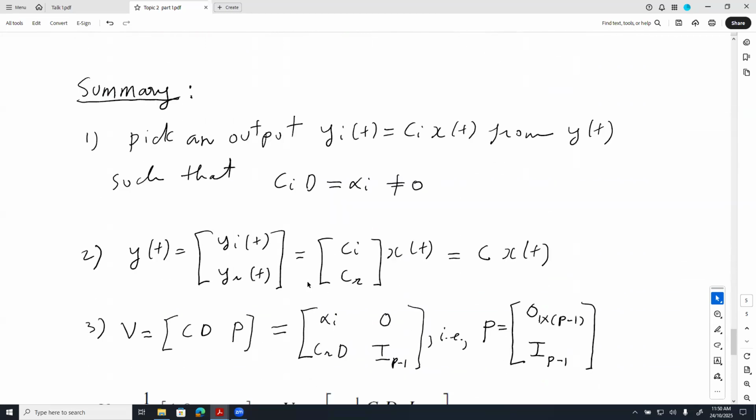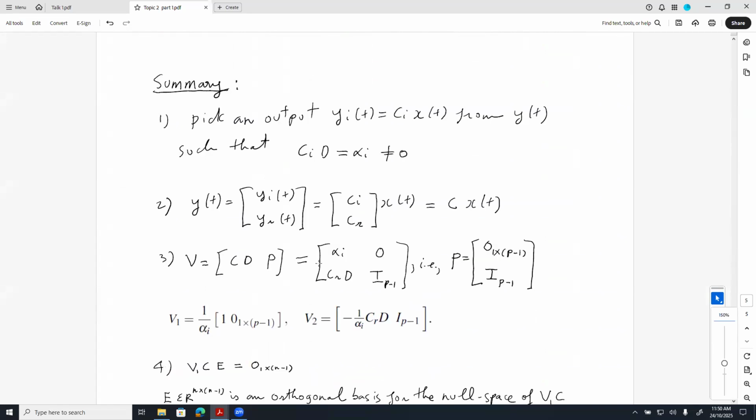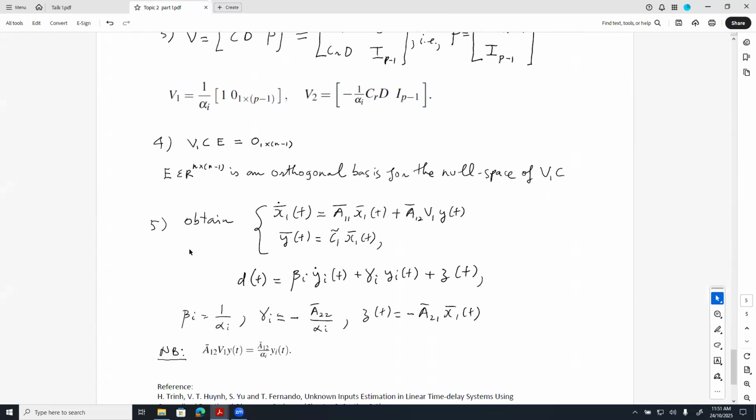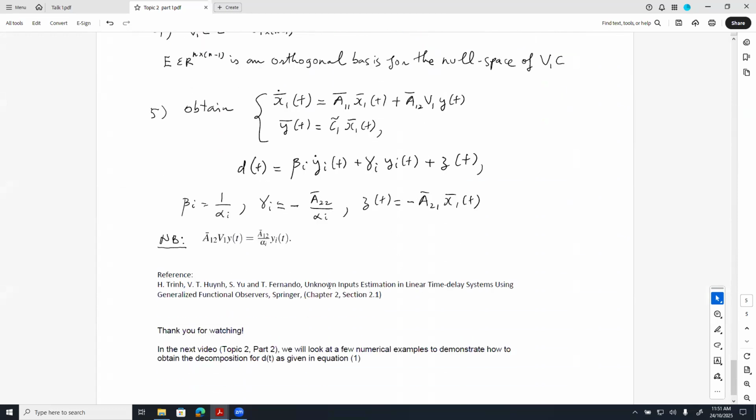And we have a very simple step-by-step algorithm where we can achieve the decomposition. These results are based on our new book, chapter 2, section 2.1.